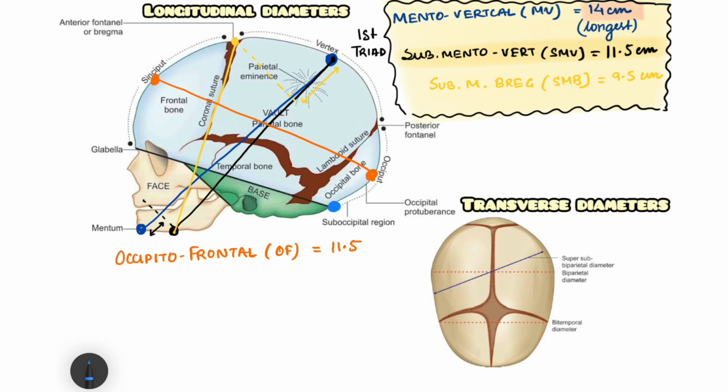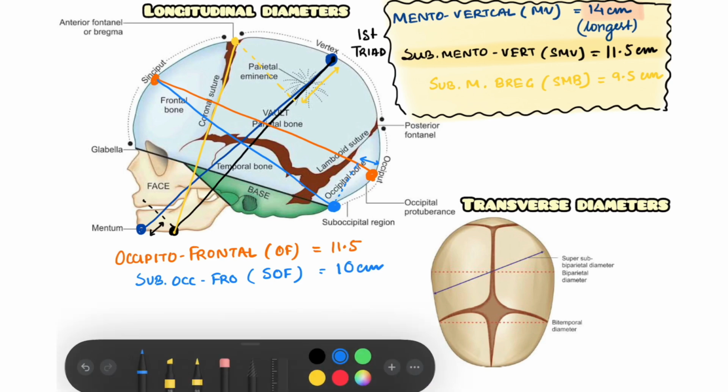Now from subocciput we will go to frontal. So this is the suboccipito-frontal diameter, and as you can already see, this diameter is smaller than occipito-frontal, so it will be 10 centimeters.